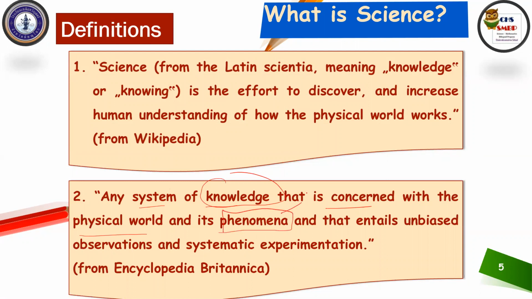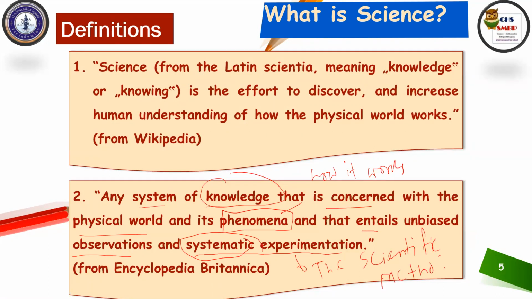What is the phenomena? How it works. That entails unbiased observation. So observations must be unbiased, and experimentation must be systematic. To get a systematic experimentation, we need the scientific method.